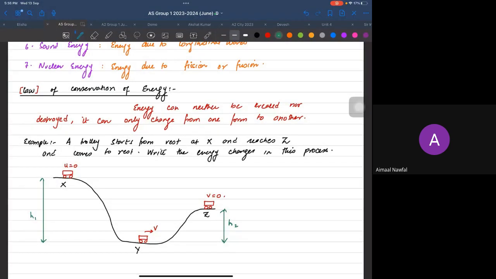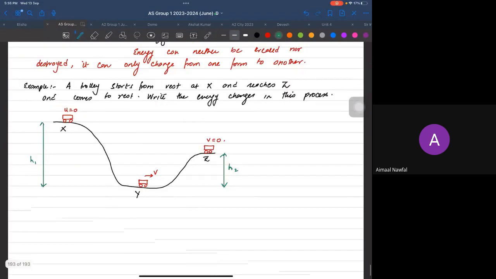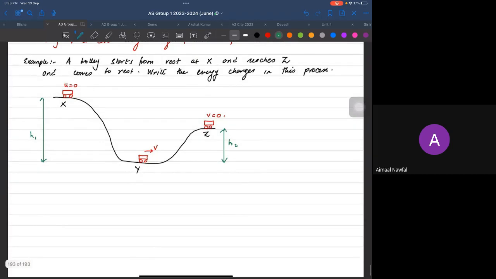All right. Now we need to write this. First of all, we need to understand that it doesn't reach the same height. So can somebody please tell me what kind of energy it will have at X when it has no velocity? Yes. Anyone? That's not fair.